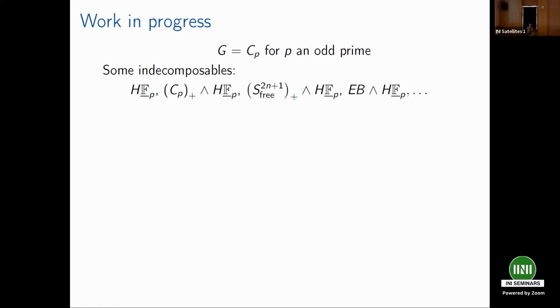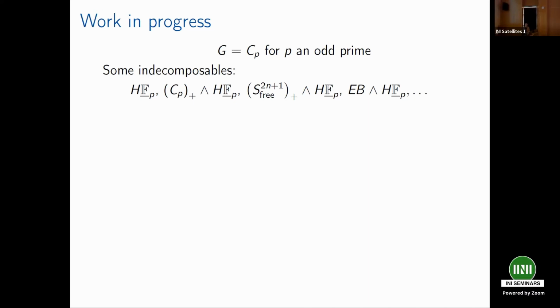So the work in progress that I want to tell you about today is what happens at an odd prime. So there are some indecomposables you would write down immediately. There are a lot of things that are very similar here. The homotopy of HFP underline when P is an odd prime, and I think of it as a CP equivariant spectrum, well, the homotopy also looks like some double cones, roughly.